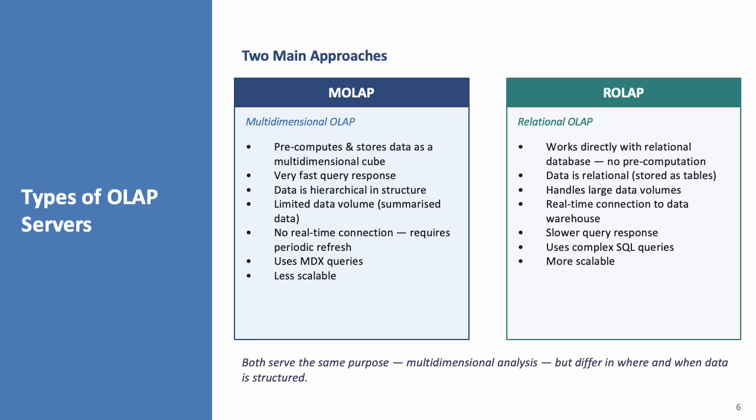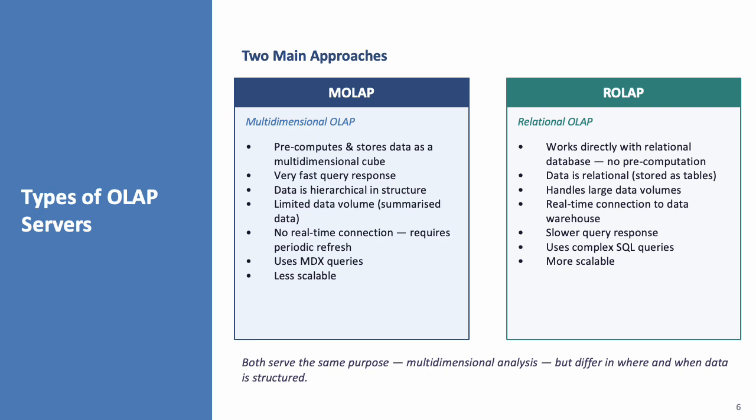Now let's look at ROLAP, or relational OLAP. This takes the opposite approach. It does not pre-compute anything. Instead, it works directly against the relational tables in the data warehouse, using SQL queries to compute results on demand. This means it can handle very large volumes of data.